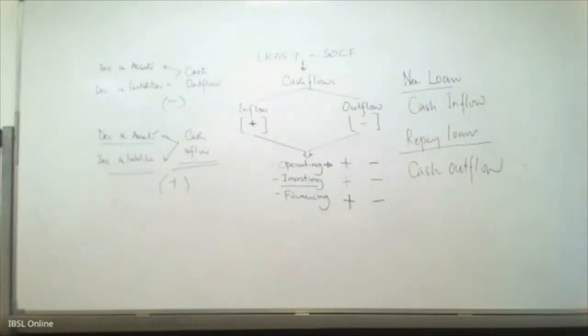So I need to add back this amount. So any provisions that you make for expenses, you need to add back. Any provisions that you make for income, you have to deduct. That is it. Then there could be profit on disposal or loss on disposal.